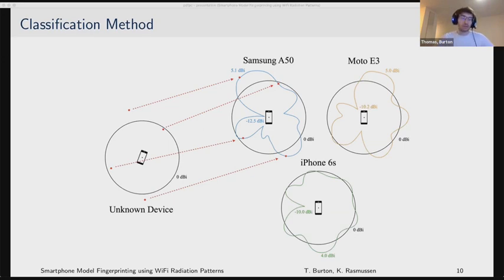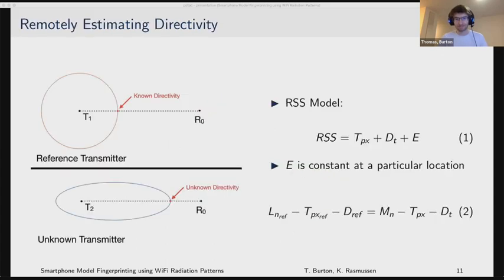So first of all, what we need is some way to estimate the directivity remotely, and then we need to repeat this process many times. So remotely estimating directivity, we first look at that. We model RSS as equation 1, at a particular location.